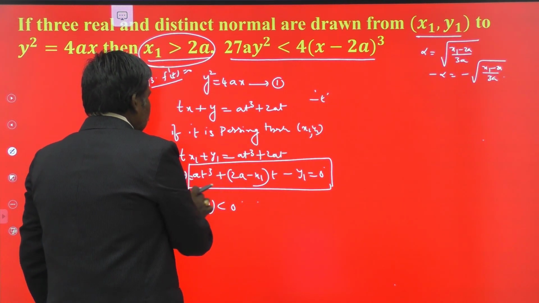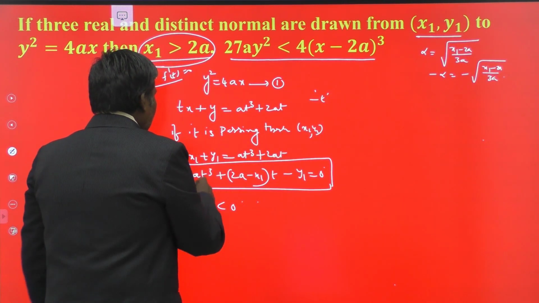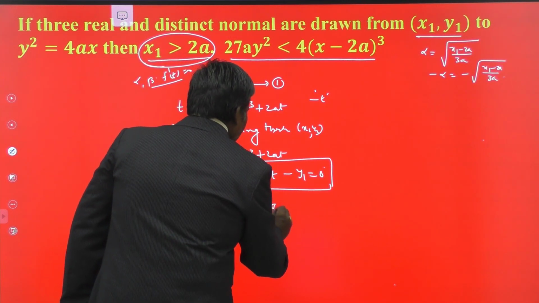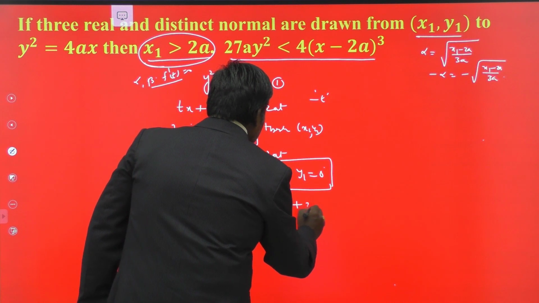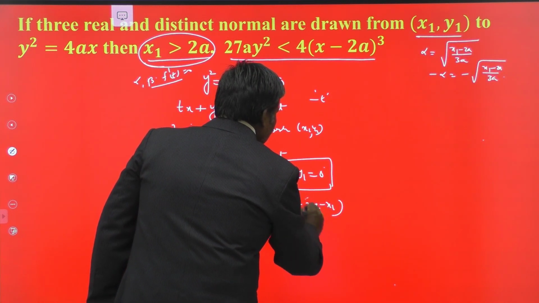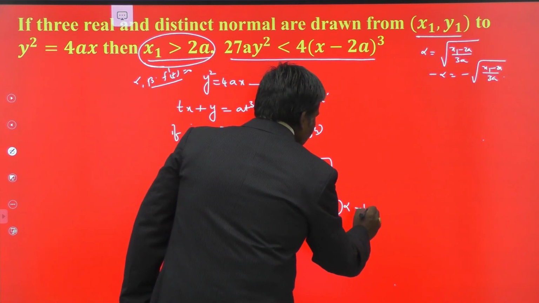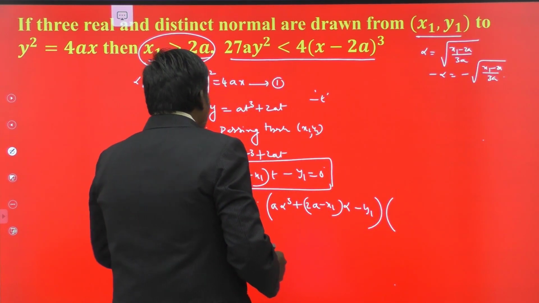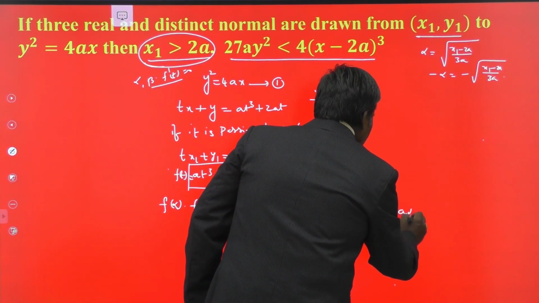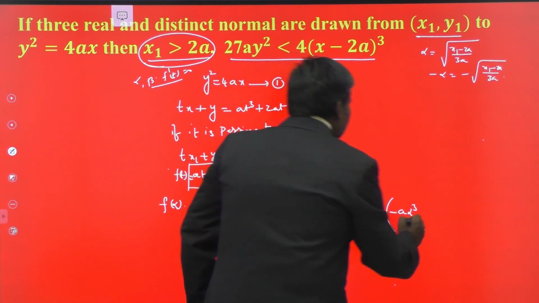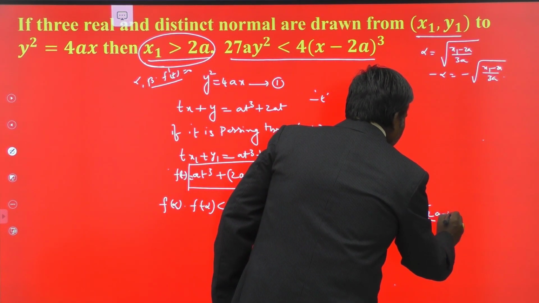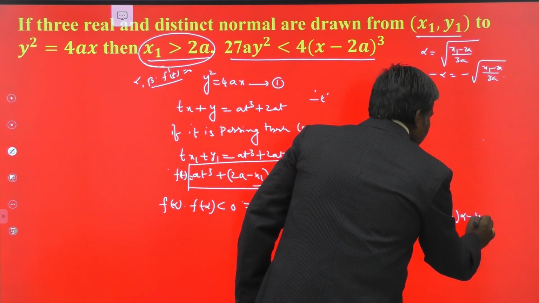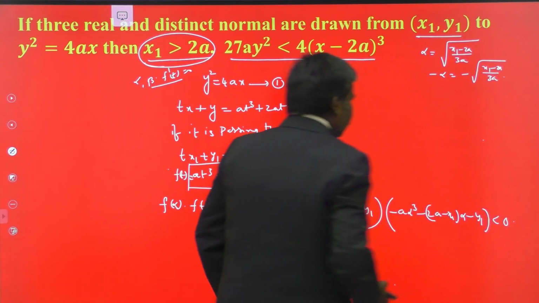First of all, I substitute instead of t by alpha and t by minus alpha, we get a alpha cube plus 2a minus x1 into alpha minus y1 into minus a alpha cube minus 2a minus x1 into alpha minus y1 is less than 0.